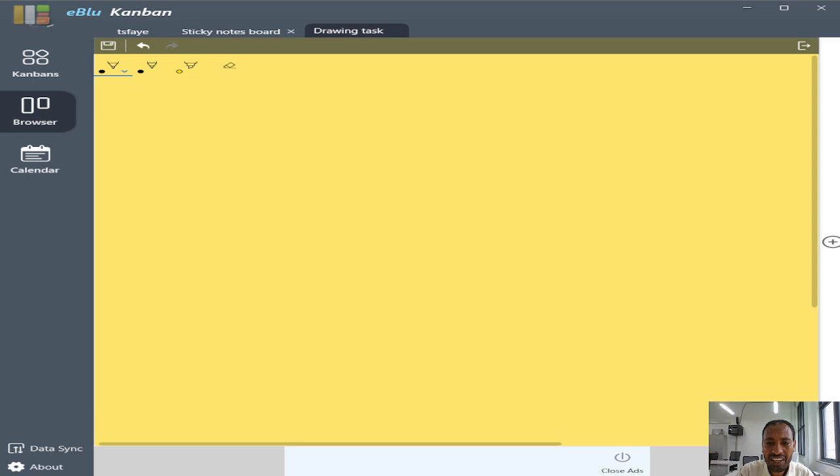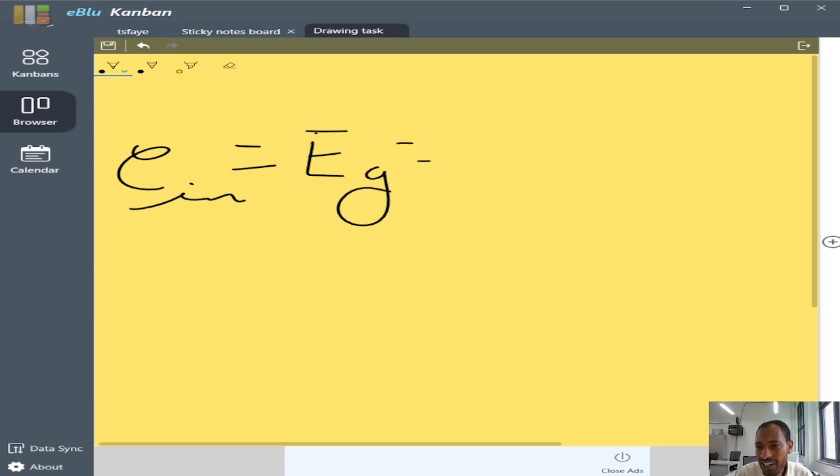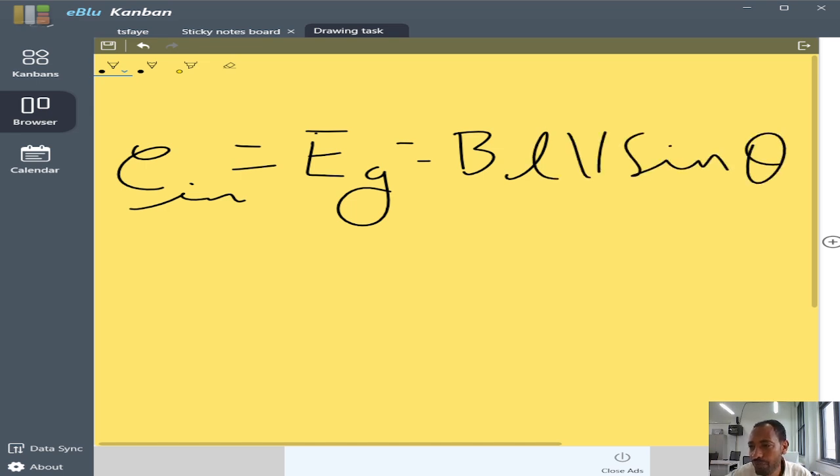We said that E induced, now in this case what we can say is generated voltage in a generator, it's going to be B L V sine theta. If you see this equation, it tells you the parameters which decide the magnitude of the voltage induced in the generator.